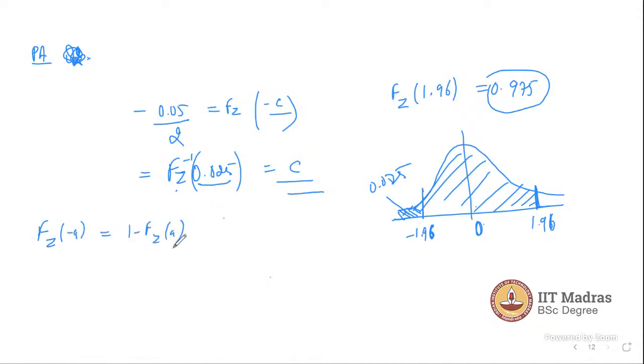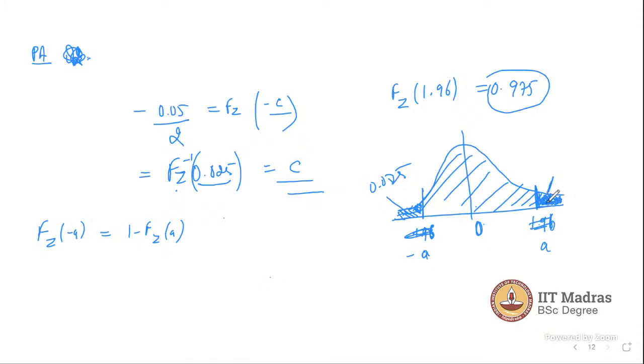Right? So let's say this is my a, this is my minus a, and I have to find F(-a). The F(-a) area is the same as this area, correct? These two tail areas should be the same.